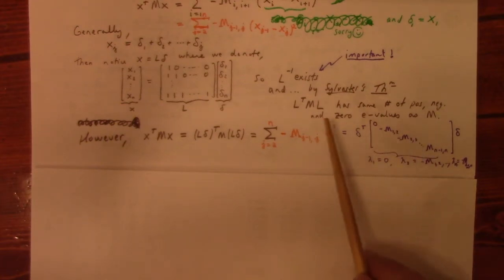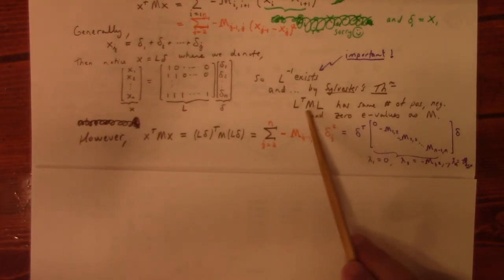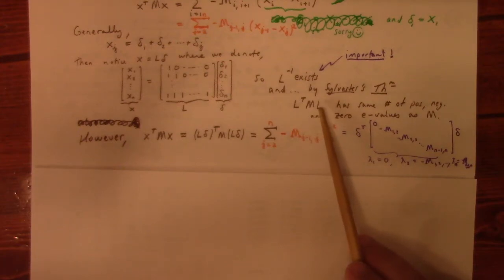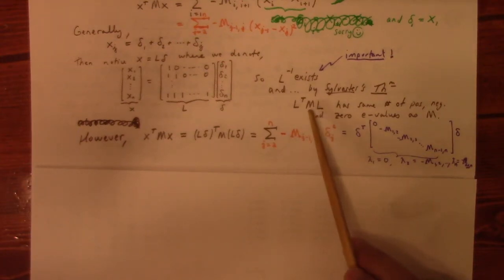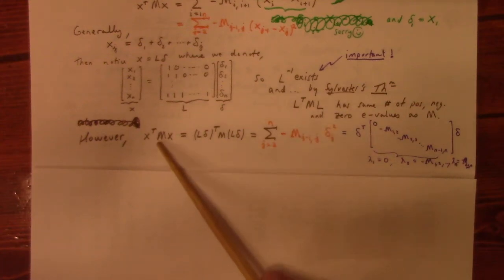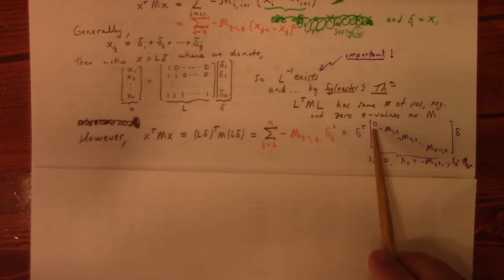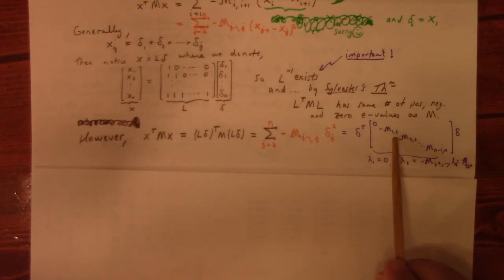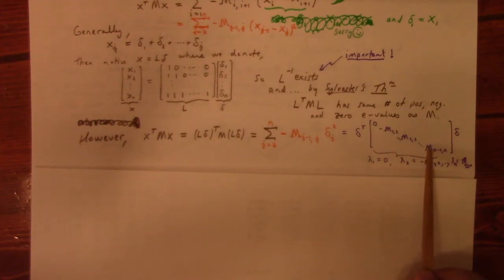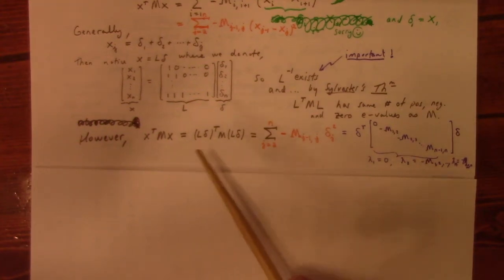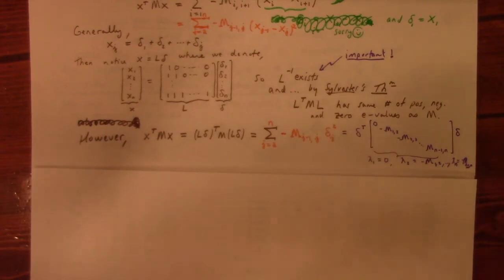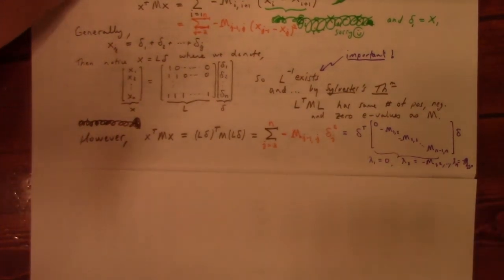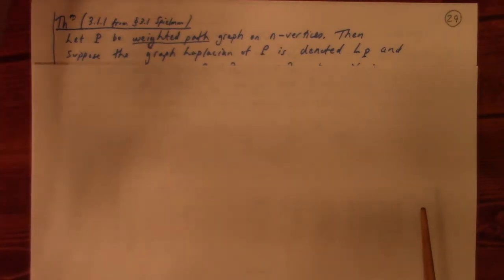Well, they don't have to be the same, because L transpose doesn't have to be L inverse. But we do know by Sylvester's theorem that the eigenvalues of M must follow the same pattern. 0 is one of them, and there are as many negative eigenvalues in M as there are in this L transpose M L matrix.